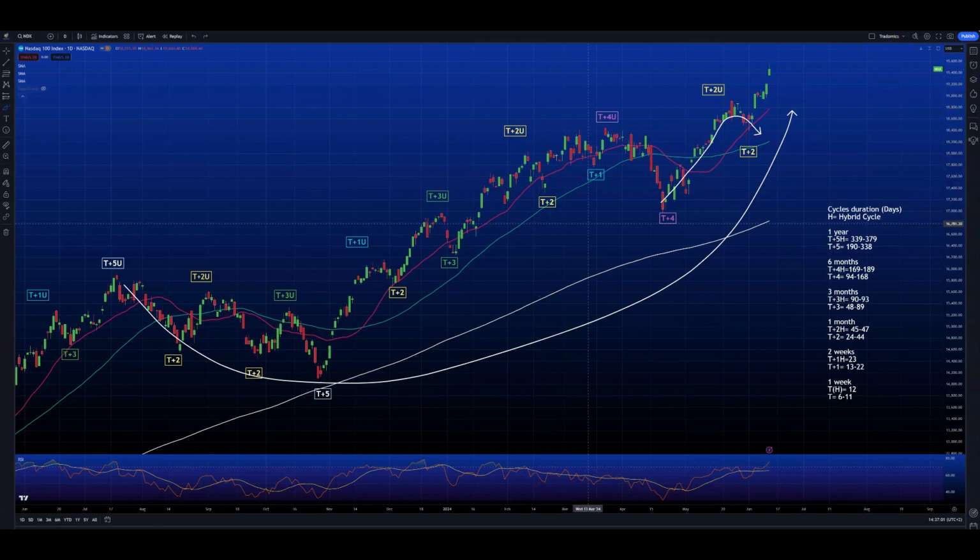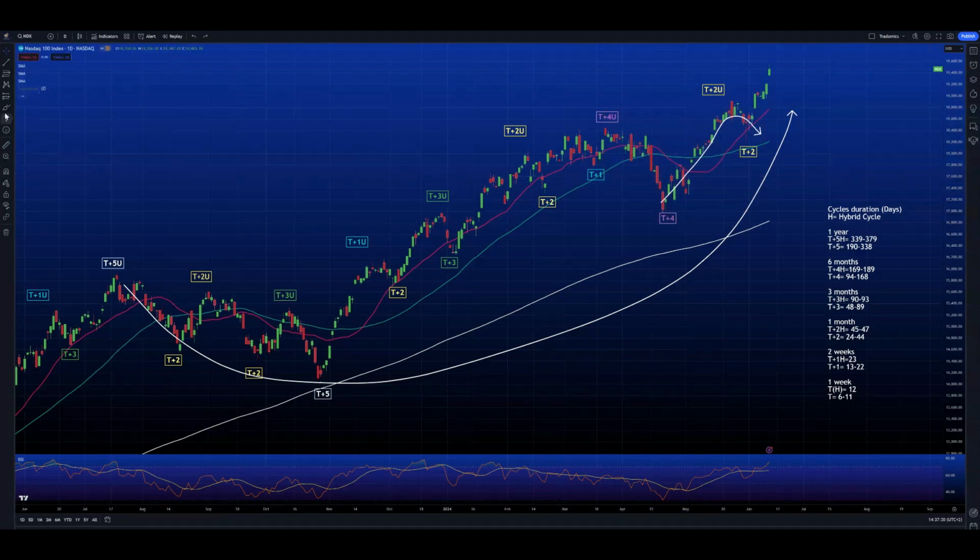But we also have to contextualize or frame the chart because from this top we have had a T plus 4, and this T plus 4 has arrived at up to 57 days.